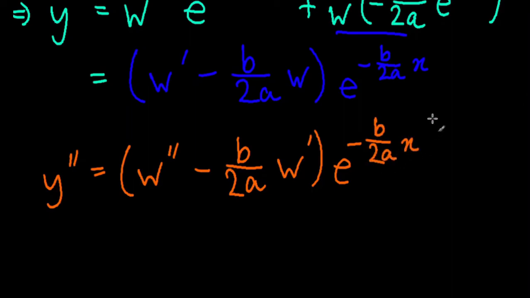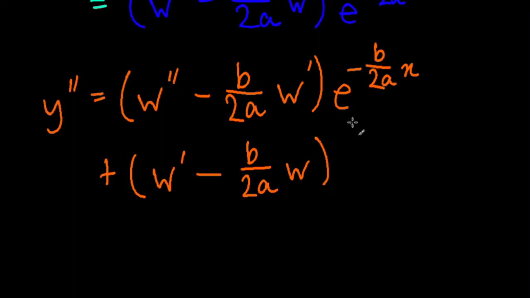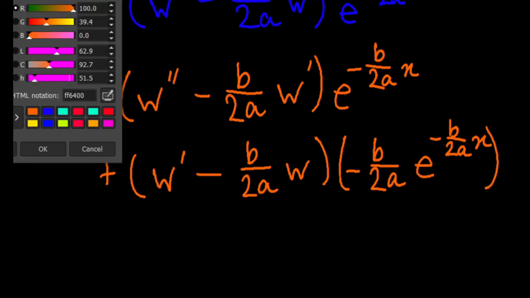And also, we will differentiate this, keep that the same. So what we'll have here is w prime minus b by 2a w, multiplied by negative b by 2a, e to the power negative b by 2ax, basically the exponential. So now we'll again do the factoring as we did before.